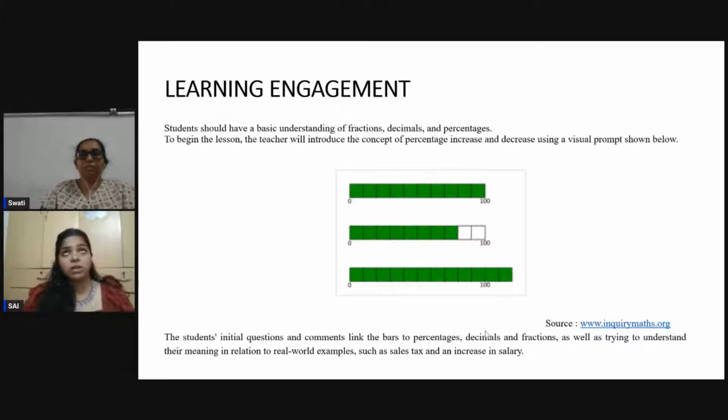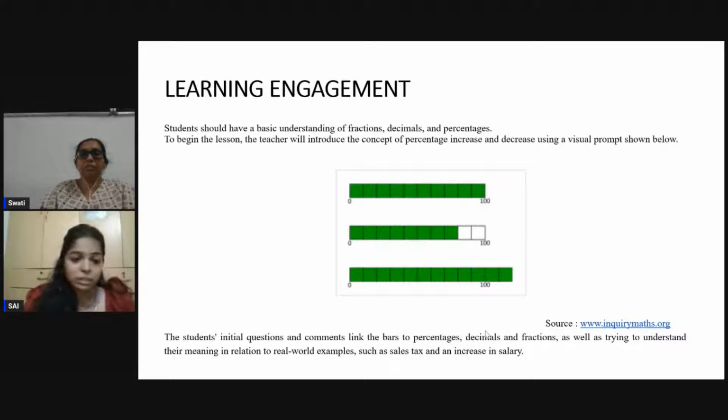Some of the learners connected these prompts to sales tax and increase in salary. So they came up with excellent examples in class when this visual prompt was presented.